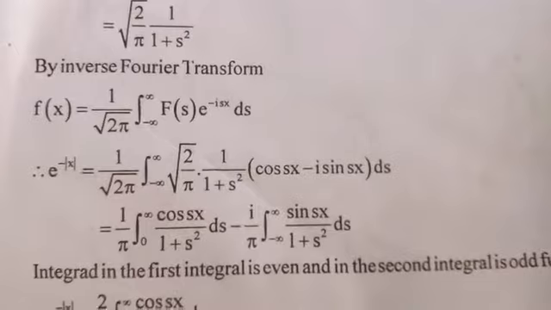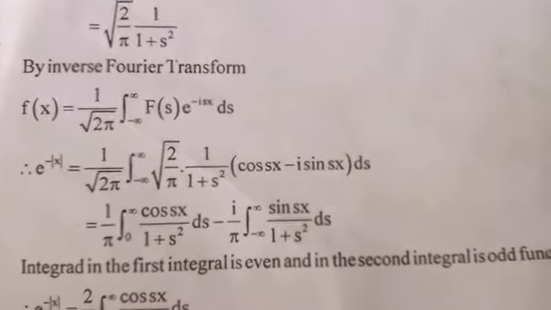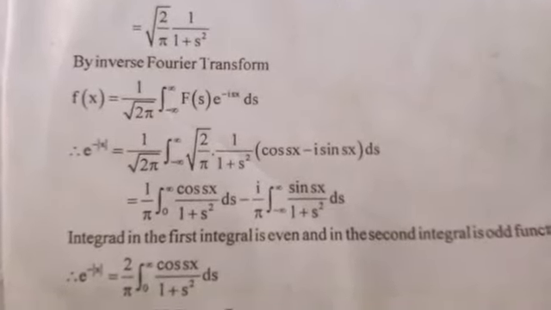F(x), the function of x, is equal to 1 by square root of 2 pi integral from minus infinity to plus infinity F(s) into e to the power of minus isx ds. Therefore, e to the power of minus absolute x is equal to 1 by square root of 2 pi integral from minus infinity to infinity square root of 2 by pi into 1 by 1 plus s square into (cos sx minus i sin sx) ds.